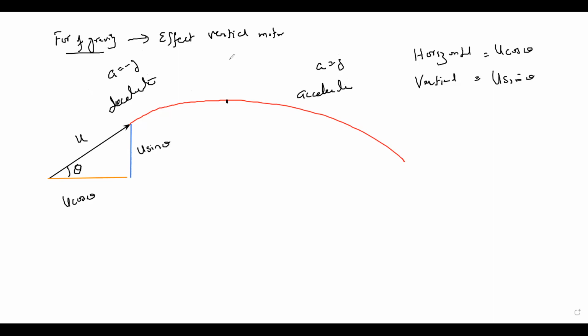So when we draw the horizontal and vertical components, like if this is the trajectory of the projectile, basically a two-dimensional motion is what refers to projectile motion. Then if we draw the vertical component, in the beginning the vertical component is maximum, but as it is rising up, the vertical component is decreasing, and at the maximum height the vertical component will be 0.